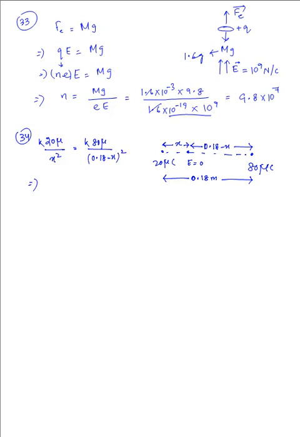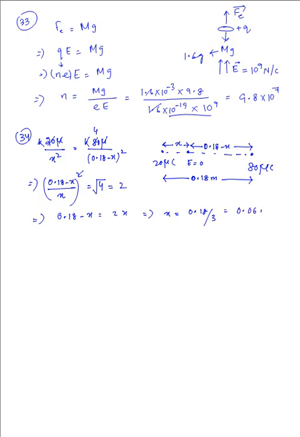If we cancel out these terms, 20 goes 4 times in 80, and then we have 0.18 minus x over x entirely squared equal to 4. You take the root of that, you get 2. So 0.18 minus x is equal to 2x, so 3x will be equal to 0.18. So x is equal to 0.18 over 3, and that is equal to 0.06.